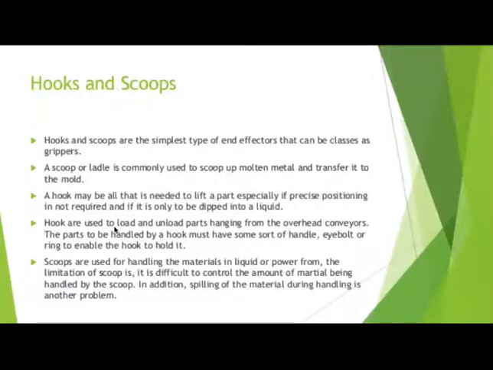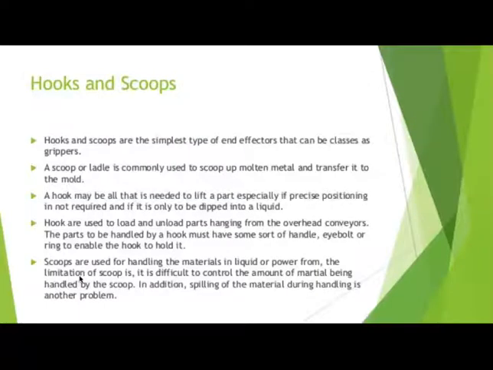Hooks are used to load and unload parts hanging from overhead conveyors. The parts to be handled by the hooks must have some sort of handle, eye bolt or ring, to enable the hook to hold it. Scoops are used for handling materials in liquid or powder form.